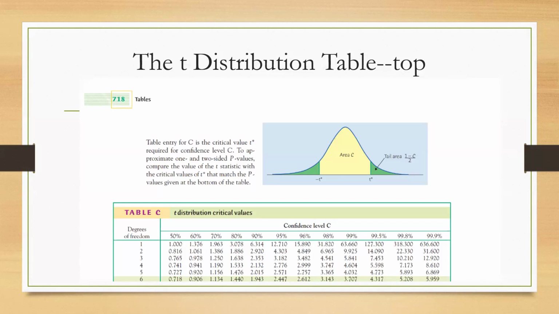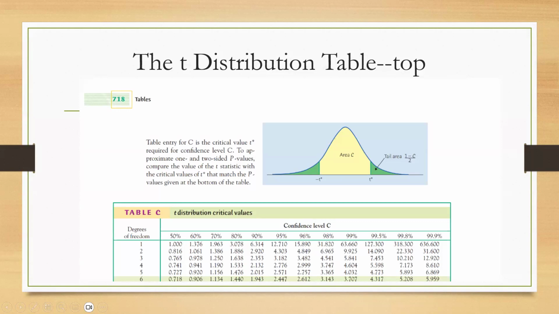All right, so this table is really easy to use if we're doing confidence intervals, and we can do confidence intervals the same way we did with z star, just substituting t star instead. And for whatever confidence level we're interested in, say 95%, if we have a sample size of 7, that means our degrees of freedom is 6.